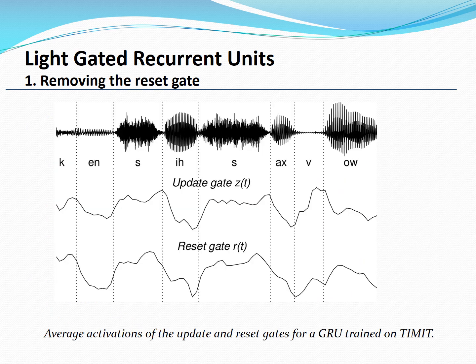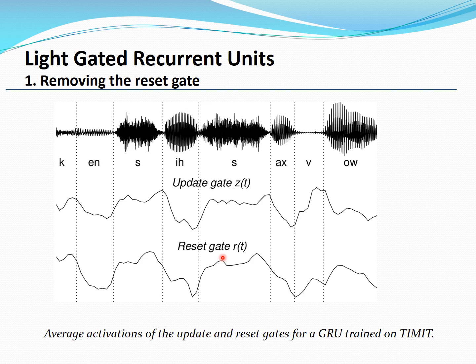In fact, if we plot the average activations of update and reset gates, we can see a clear correlation between these two average activations, because the update gate follows a trend very similar to that observed for the reset gate. And this clearly confirms that the two gates are actually very redundant, and maybe we don't need both of them, we just need one.